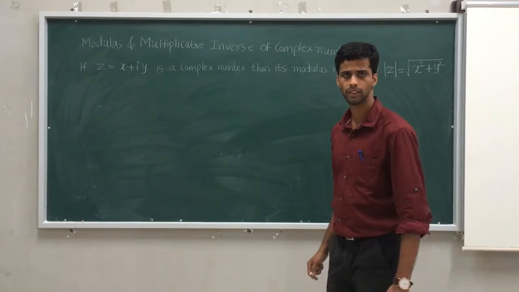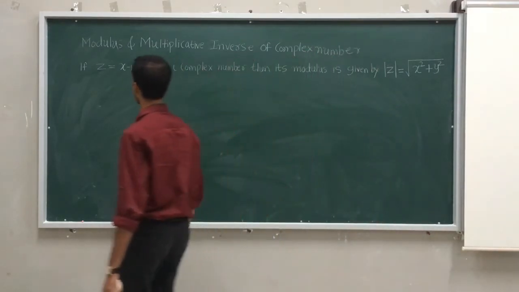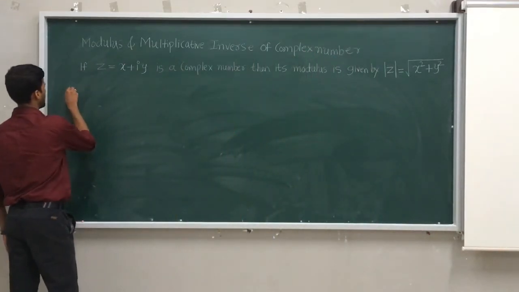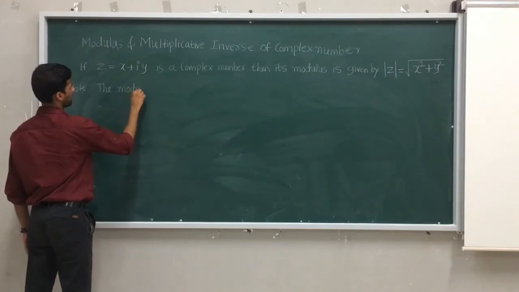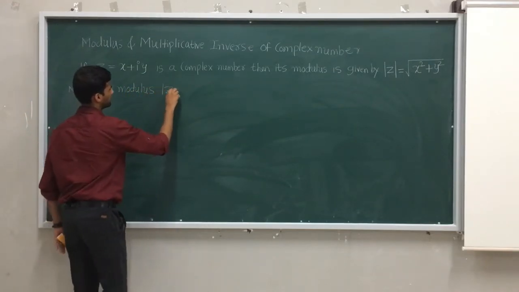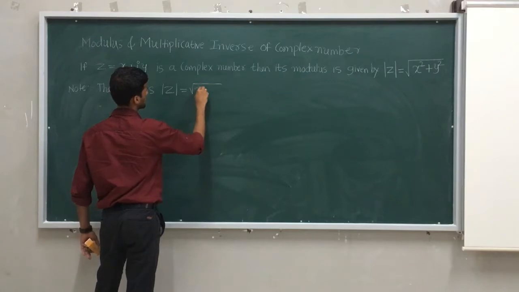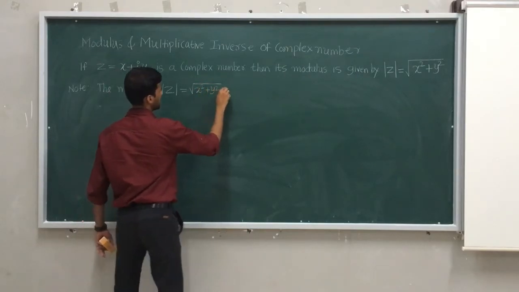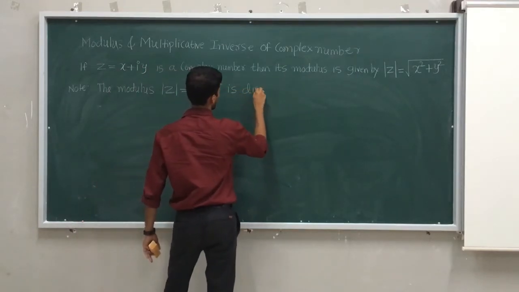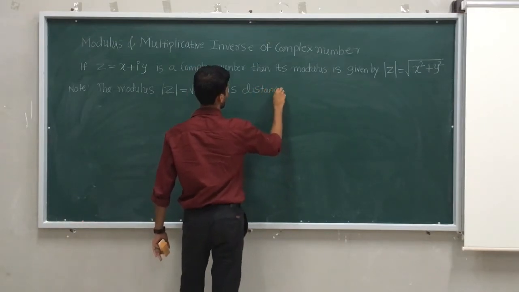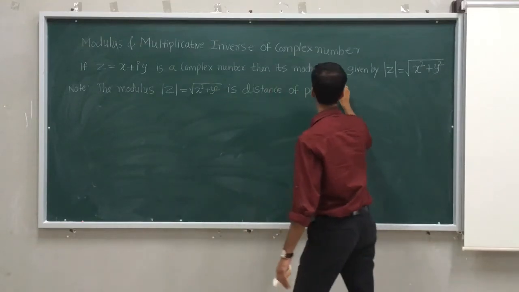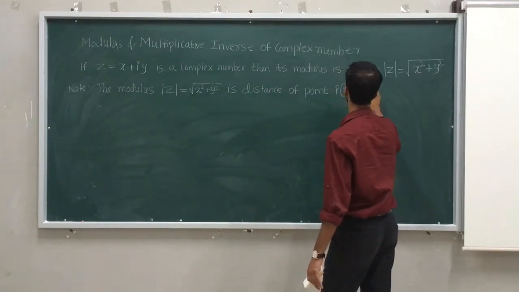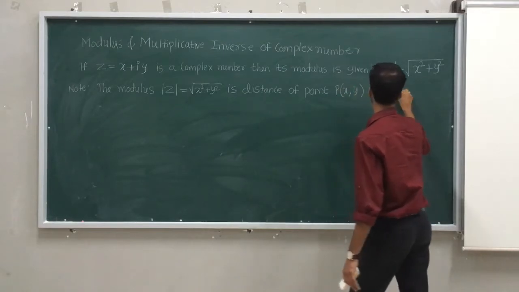Now what is its use? I will give it as a note. The modulus, square root of x square plus y square, is the distance of the point P of x comma y from the origin.